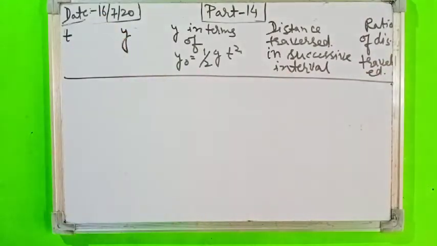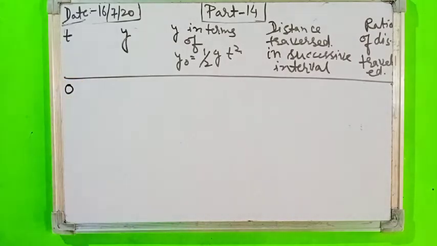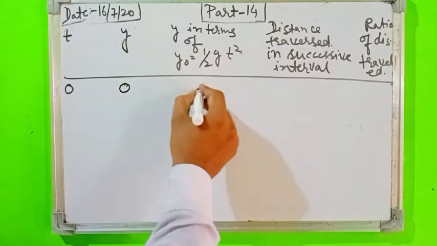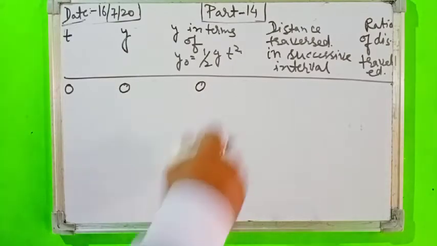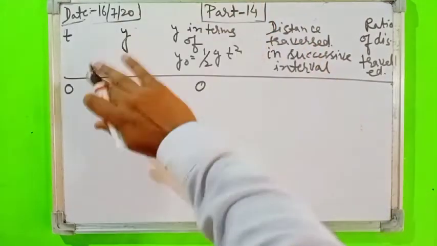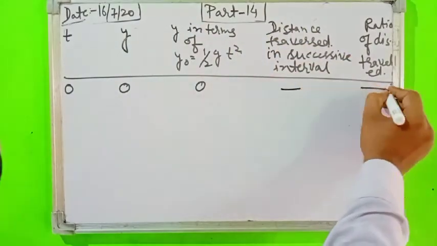So when t is equal to 0, there is no distance traveled, y is equal to 0 and y naught is equal to 0. And the distance traveled in the successive interval before this is nil.